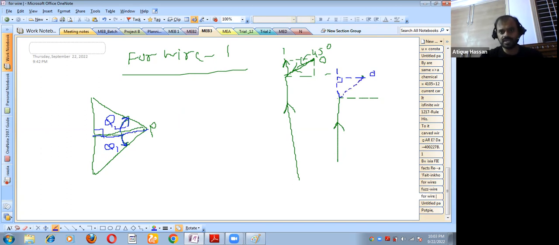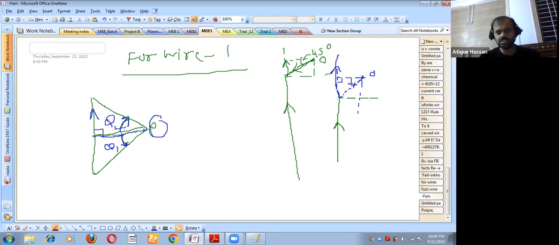One angle is coming as anti-clockwise, and for the second angle, we look at the direction of current. The direction of current is going like this, right? We have to join this point along the direction of current of the wire.